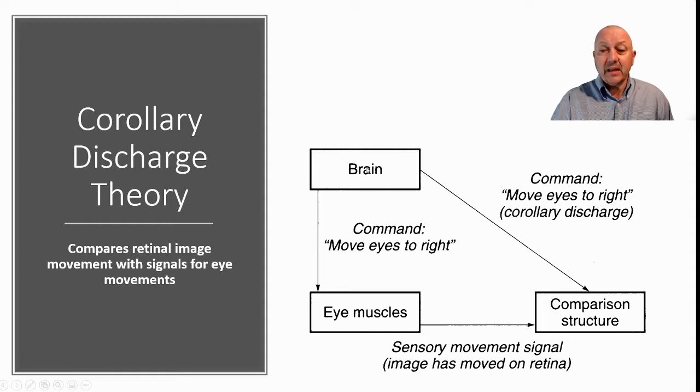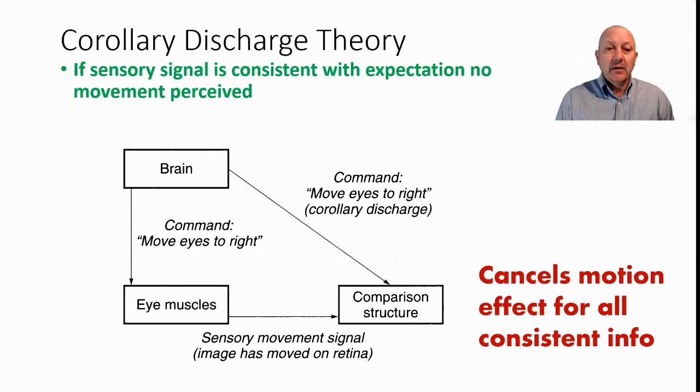That information also goes to this neural comparison structure, which takes into account the movement being directed by the brain and what's going on the retina. If the sensory signal is consistent with the expectation, then there's no motion perceived. So if we're going to move our eyes or our head to the right, everything on the retina should shift in the opposite direction. If that happens, then it cancels out. We've taken into account the expected change of the retina given what the motor system is doing.